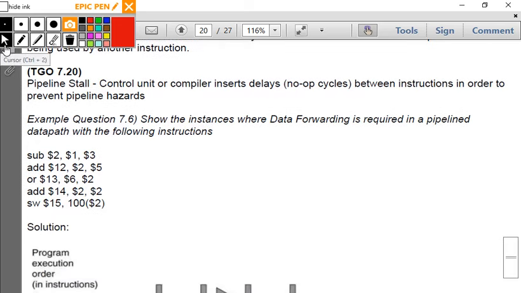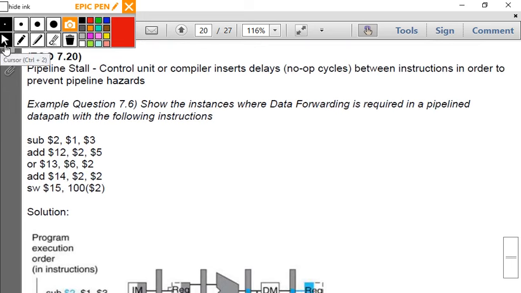All right, so here is the way this works. Show the instances where data forwarding is required in a pipeline data path with the following instructions. So here, the first thing you want to do when you're not doing an exam is go through these instructions and see if there are actually hazards here.